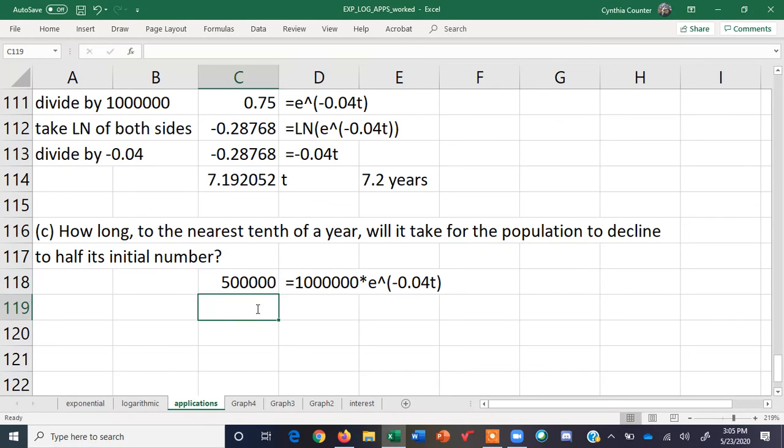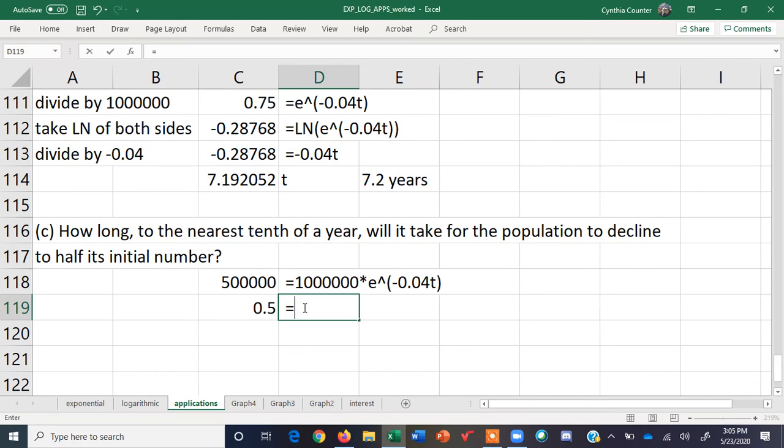We divide both sides by 1 million, and since we're now at half the original population, we know it's going to be 1/2, right? 500,000 divided by 1 million is 1/2, 0.5.